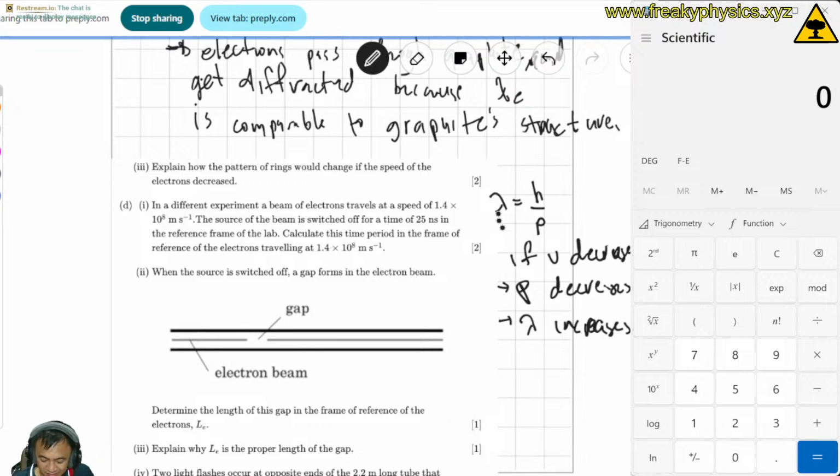That's exactly what we have here. But we must remember that momentum is equal to mv, mass times velocity. So if you decrease the velocity of this matter particle, the momentum will decrease, and therefore the wavelength increases.